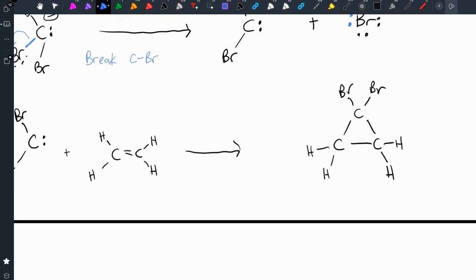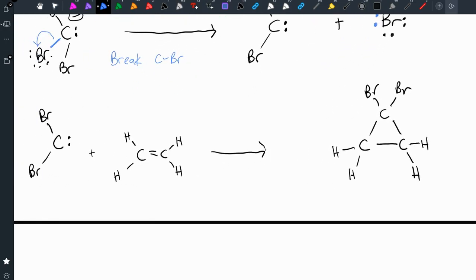All right, step 3. Now this gets interesting. If I label these 1, 2, and 3, I need to form a carbon 3 to carbon 1 bond.